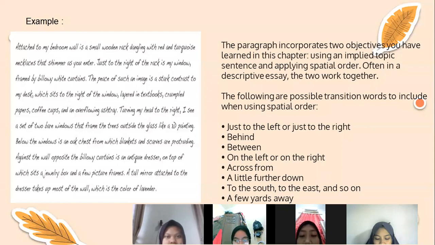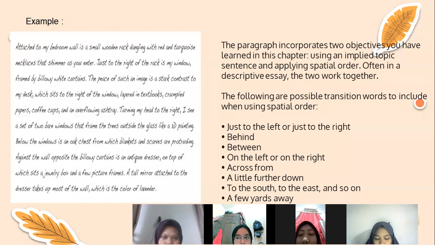Below the windows is an arch from which blinds and scraps are protruding against the wall. Opposite the billowy curtain is an antique dresser, on top of which sits a jewelry box and a few picture frames.